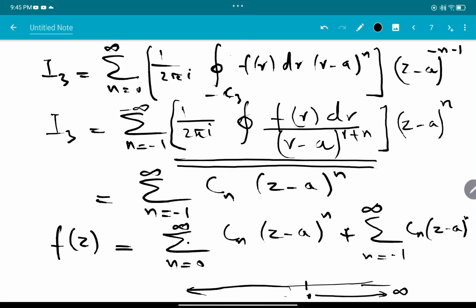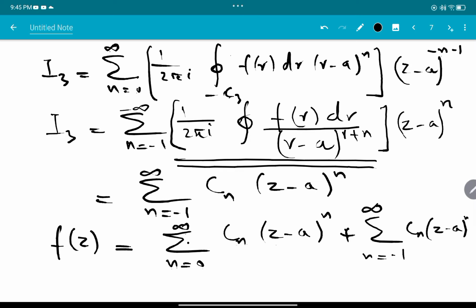Since n is an integer, 1, 2, 3, 4, this means that this covers the whole range from minus infinity to plus infinity. So we can absorb them in the same group, and we can write it like this.